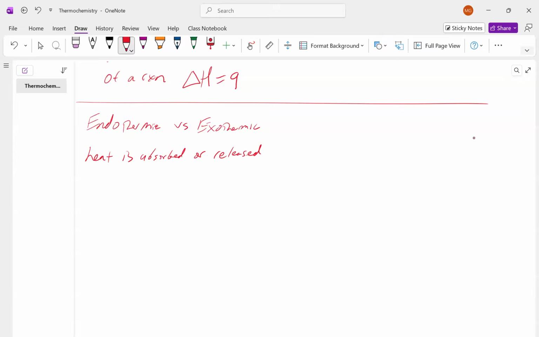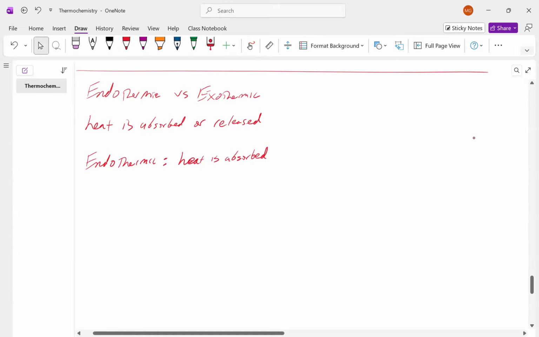If you think about those prefixes, endo means within, and so that's where heat is absorbed. And exo meaning outside of, that's where heat is released. So just to clearly define those terms, endothermic means that heat is absorbed.